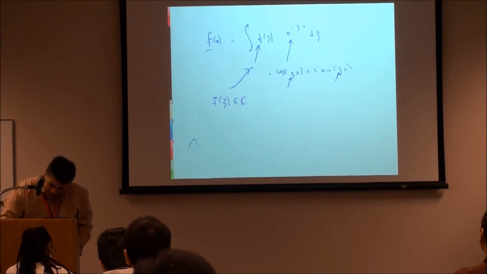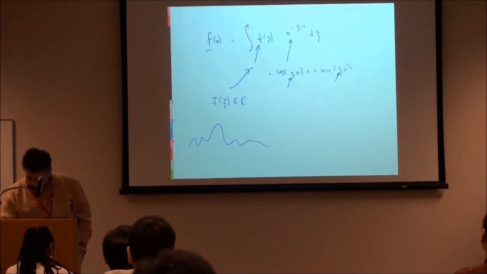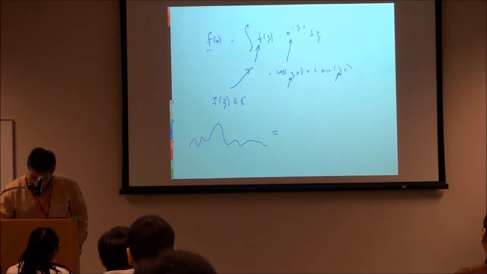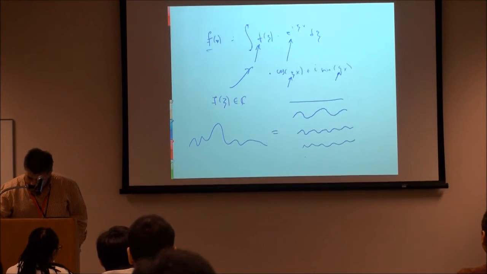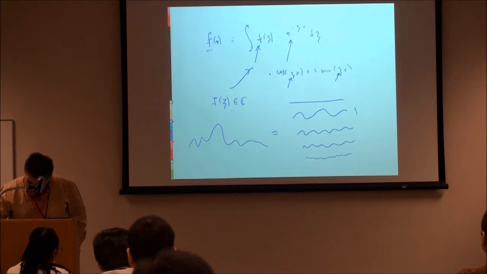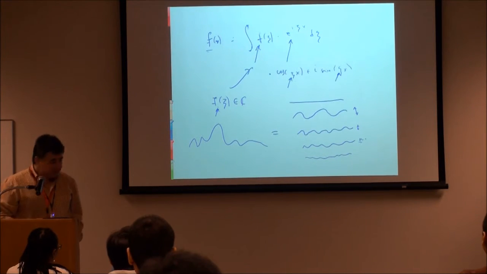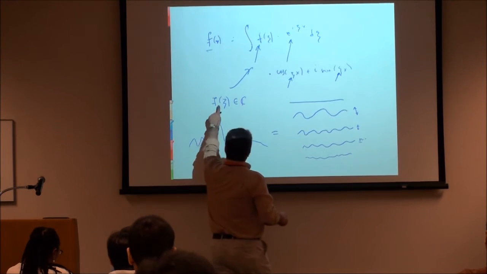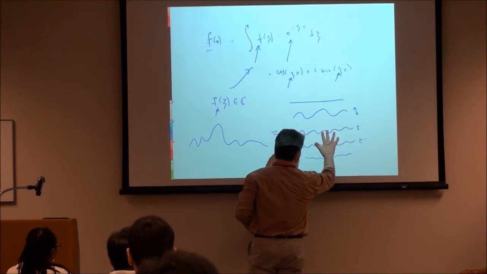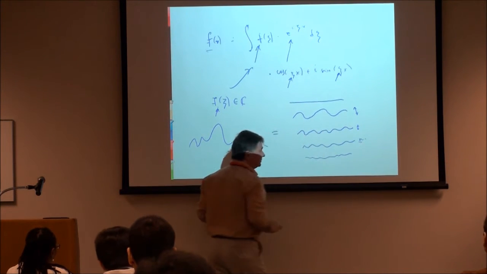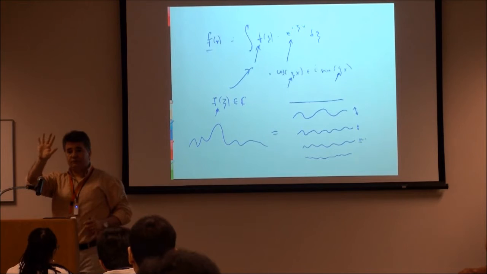In other words, I have this function that looks like this. The Fourier transform tells me that I can write it like a flat line plus a little bit of this frequency, and then higher frequency, and then higher frequency, and even higher frequency with various amplitudes. And if this is complex, that means it has a certain phase, and it tells me how I need to arrange these sinusoids, how they are shifted with respect to one another.